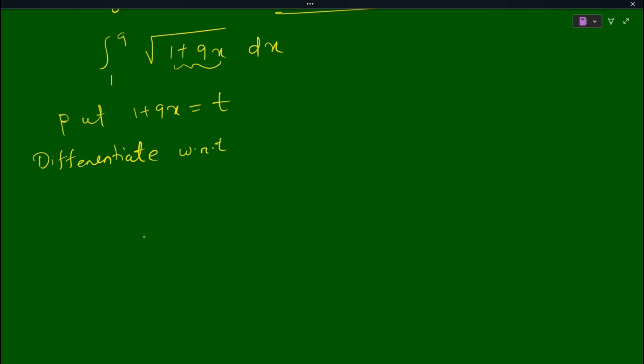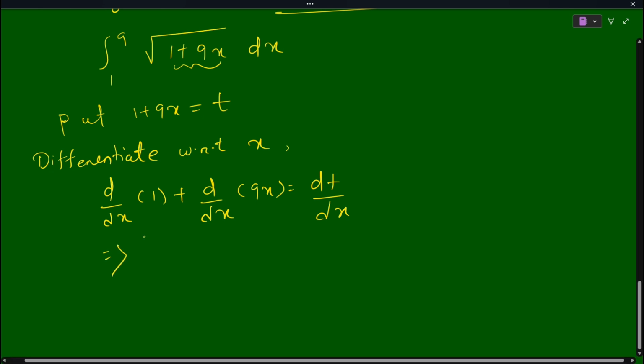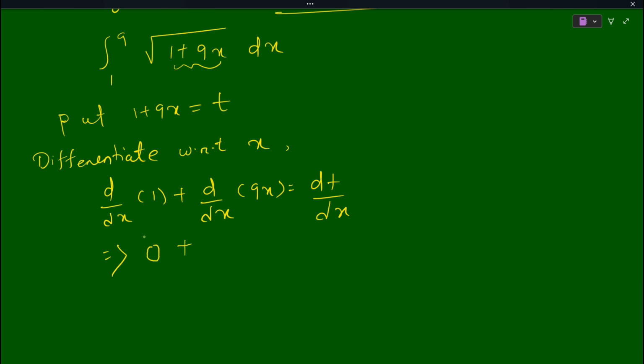If I differentiate it with respect to x, then it would be d by dx of 1 plus d by dx of 9x, which is equal to dt by dx, and here my aim is to find the value of dx. Now, the derivative of 1 with respect to x, as it is a constant, is 0. The term 9x has 9 as a constant, so it goes outside of the derivative: 9 into d by dx of x equals dt by dx.